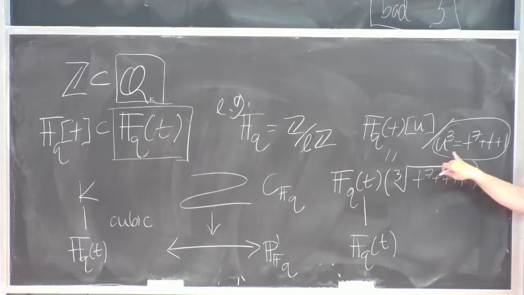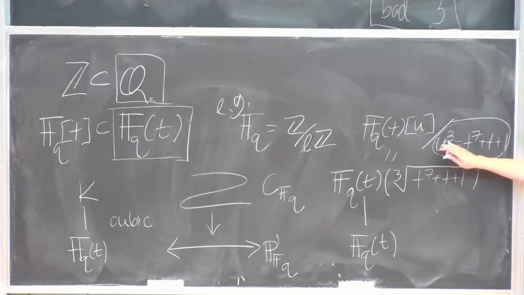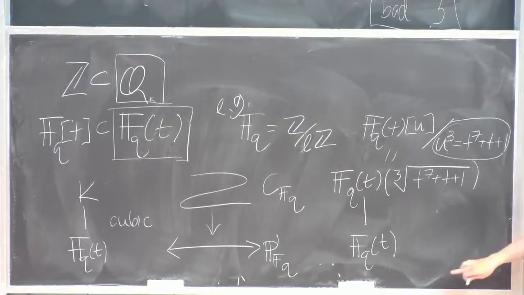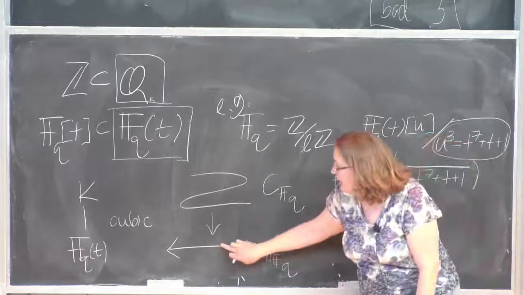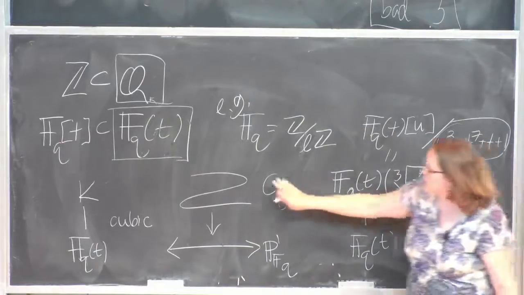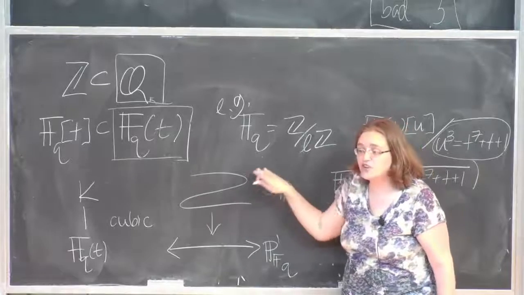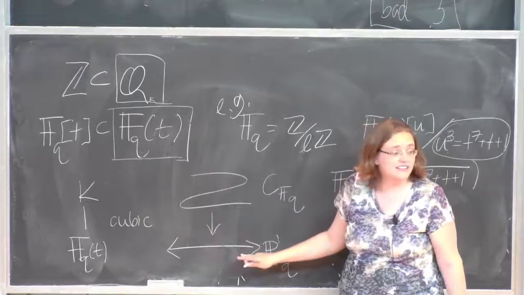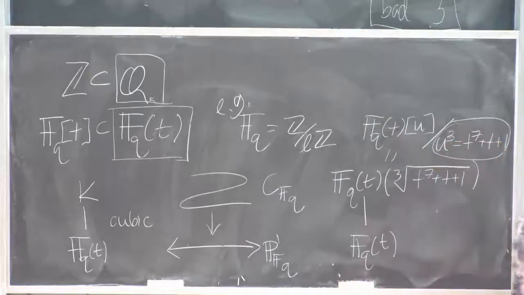This is an equation in two variables, t and u. So you would expect, right, it's one equation, two variables, it defines a curve. And for any value of t here, you plug in a value of t, you get 3 u values. So what you're seeing here in this picture is like this curve in the ut plane mapping down to the t line. All right.